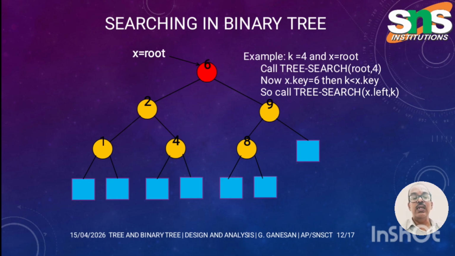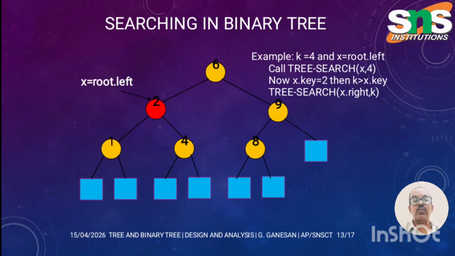Yes, we get the result. We find our searching element 4 there. If our searching element is greater than the root element, we go to the right side. If the searching element is smaller than the root element, we go to the left side of the tree. So at last we get 4 on the right side of 2.